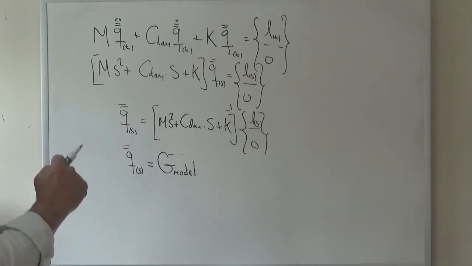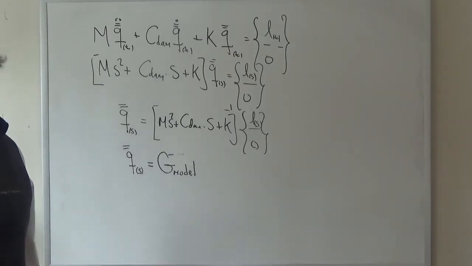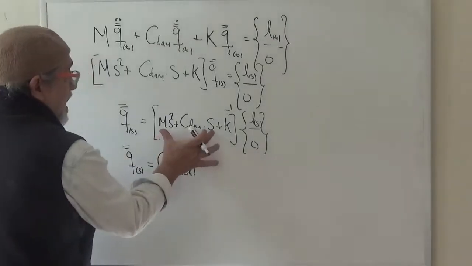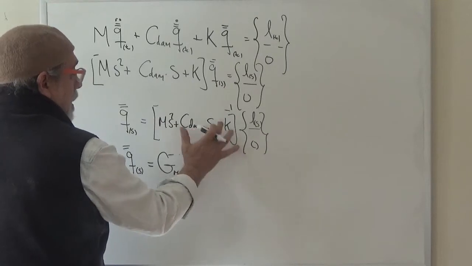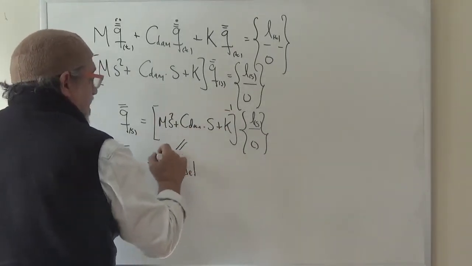In the previous case, in the DLV approach, we were operating at s equal to 0, right? And for s equal to 0, you can see that these two terms disappear, and all we would have would be K. I'll come back to that in a minute, but let me just say that we call this G of the model.